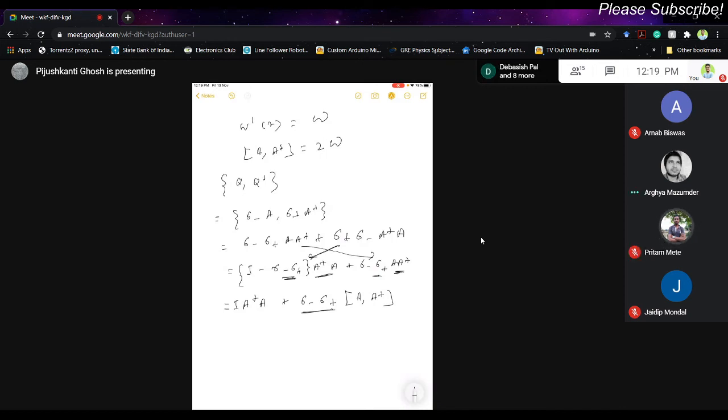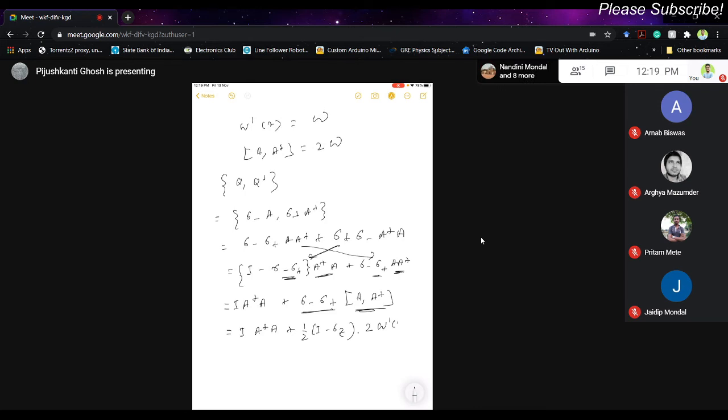If it is clear, then I write it as I A dagger A, sigma minus sigma plus, check, half I minus sigma Z and A dagger, just now we have done it.